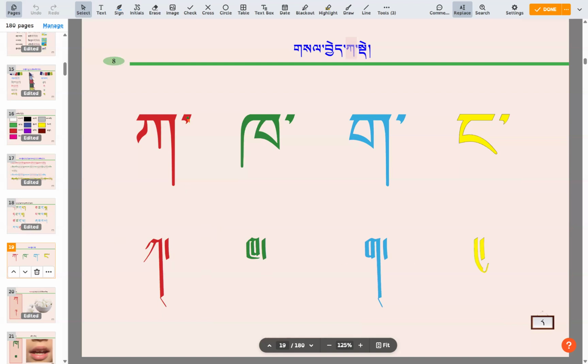And you'll notice that the dot-like syllable ending character is a little bit longer in the ume style down here. But it's the same letter, same sound for each one. Just looks different. I'll just read them so you can hear them again. So, ka, ka, ka, nga. That's it for this slide.